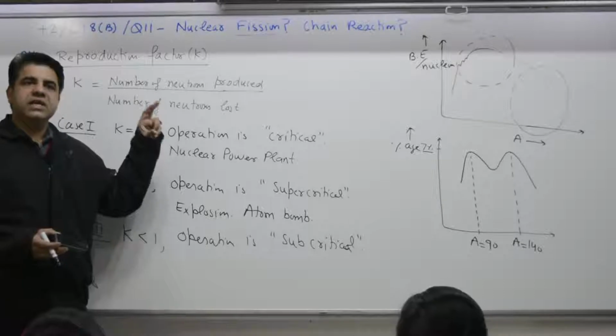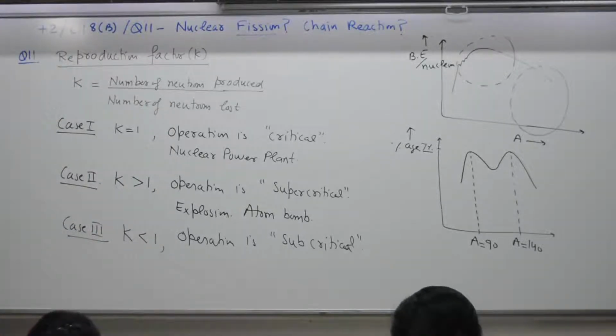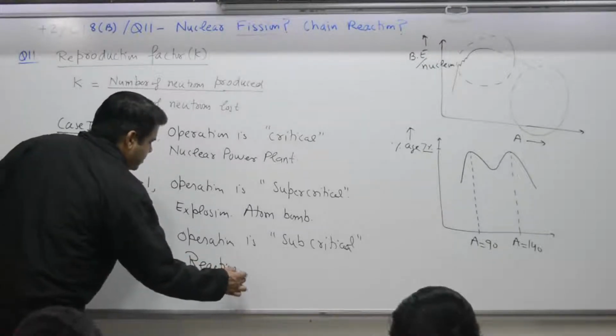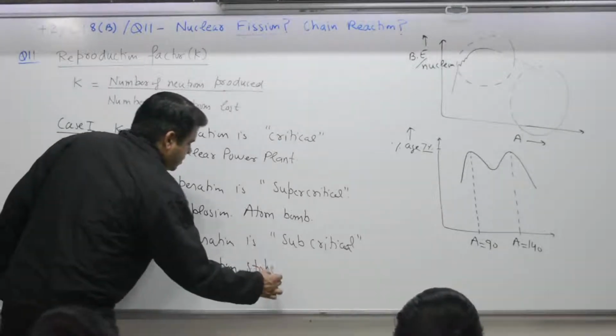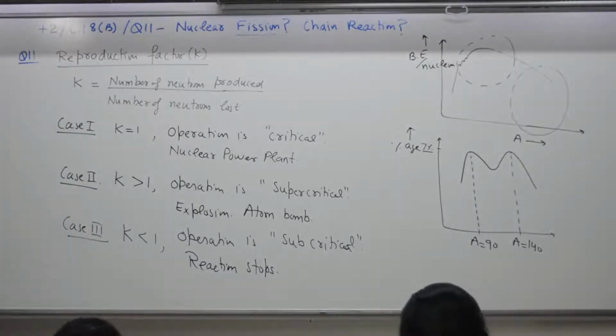It will cease, the reaction will stop. The statement is the chain reaction gradually comes to halt. The size of the material used is subcritical. Reaction stops after some time. Time with you is 3 minutes to write.